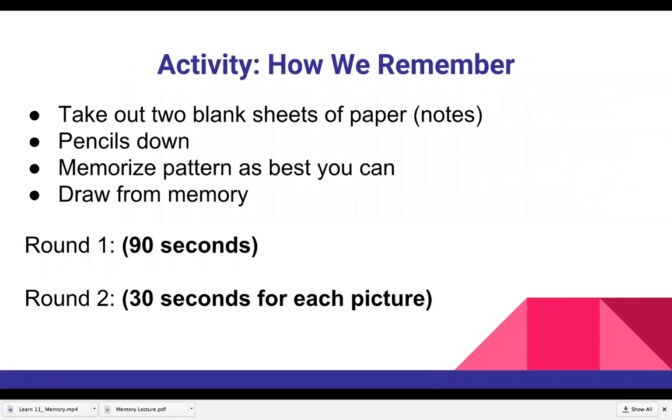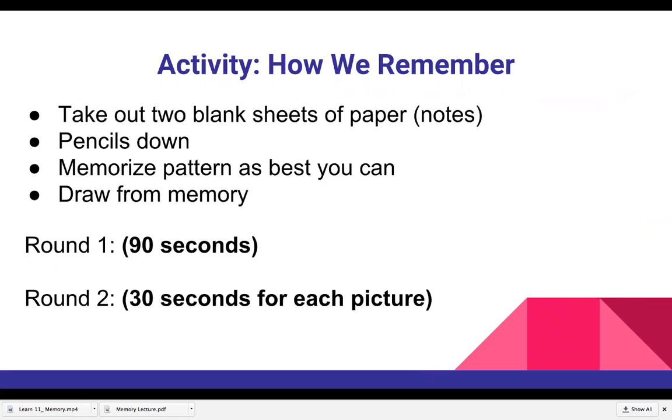So with the activity, what I had students do is that I had a very complicated drawing and I posted it, and they looked at the drawing for 90 seconds without drawing anything. They were just looking and fully focused at the picture. After 90 seconds, I gave them 90 seconds to draw the picture from memory.